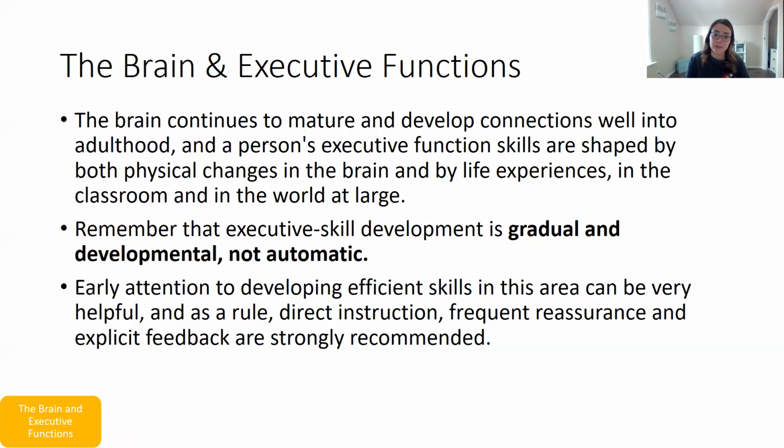Remember that executive skill development is gradual and developmental. It's not automatic. It just doesn't come naturally all the time, or ever, sorry. Early attention to developing efficient skills in this area can be very helpful. And as a rule, direct instruction, frequent reassurance, and explicit feedback are strongly recommended.